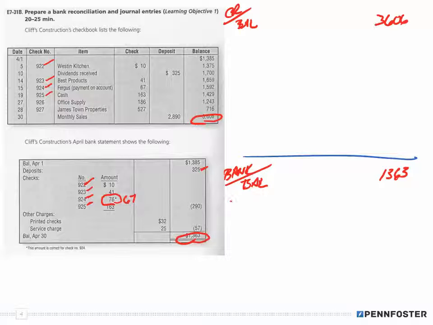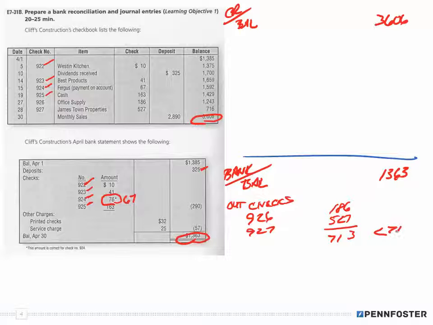My outstanding checks: I have check number 926 and 927, and they were in the amounts of 186 and 527, which gives me a total of $713.